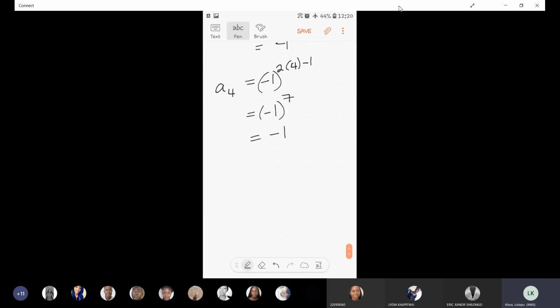And if you were to list them, you would see that you have negative 1, negative 1, negative 1, negative 1, and so on. So this is also a sequence. It is a constant sequence. That means every term is equal to negative 1. It doesn't change. So your sequence does not have to consist of different numbers. You can have sequences that consist of only one number repeated over and over.